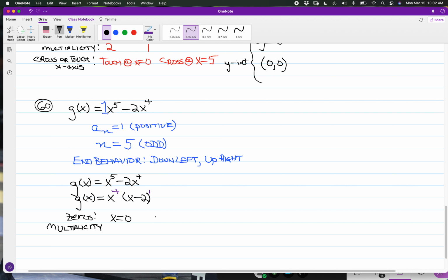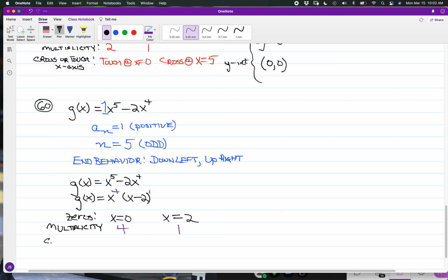And from x minus 2, I have that x is equal to 2. And regarding the multiplicity, 0 stems from x, which is raised to the fourth, so the multiplicity is 4. And x equals 2 stems from x minus 2, so that's going to be to the first power.